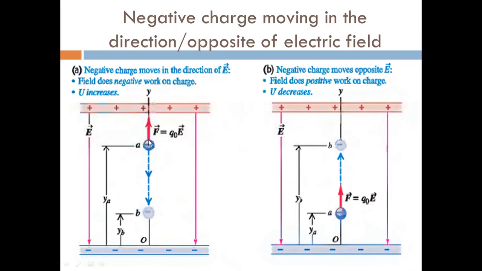So the tendency between the two is for them to attract. The lower plate is negative and the charge is negative, so the tendency is for them to repel.